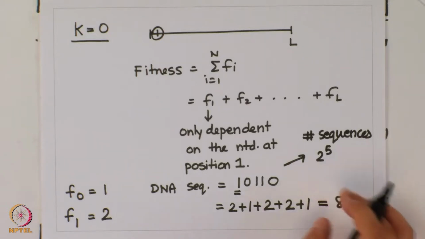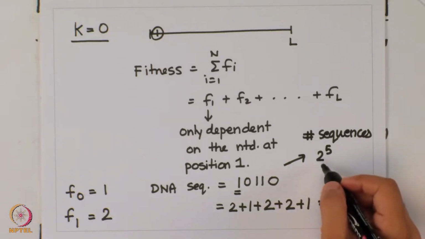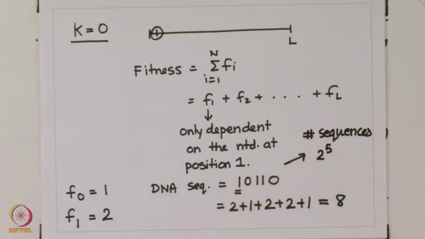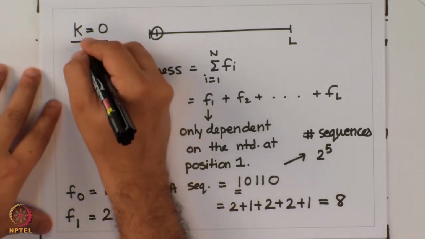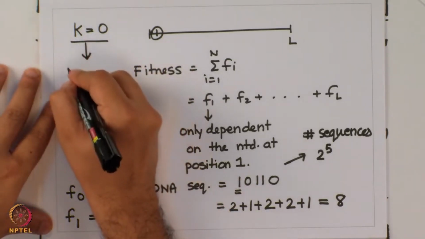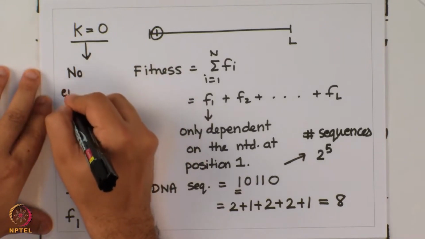So, you find the fitness corresponding to each of the 32 sequences, and then do the same exercise that we have been talking about: draw the nodes, draw the edges, connect them if they can be changed into one another via a single mutation, and understand the structure associated with the fitness landscape that you get. So, this k equal to 0 is a fitness landscape which you get with no epistasis.